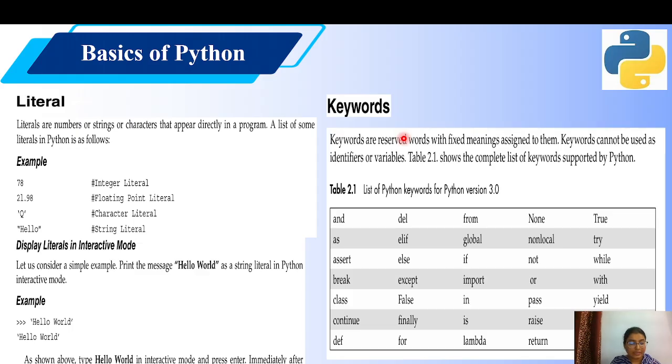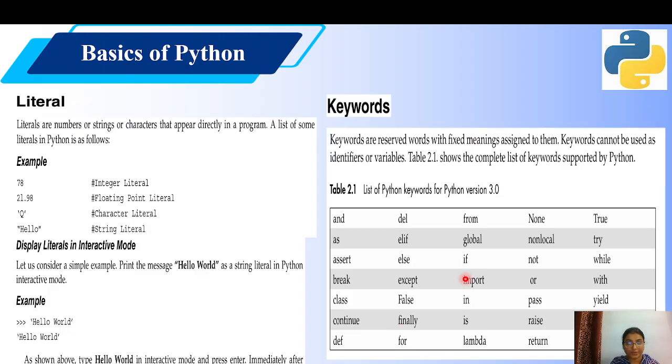keywords. Keywords are special words Python already understands. You have studied C language in your first year, and you are very well aware of what keywords are. C has, I think, 33 reserved keywords, and we have this complete list of keywords supported by Python.